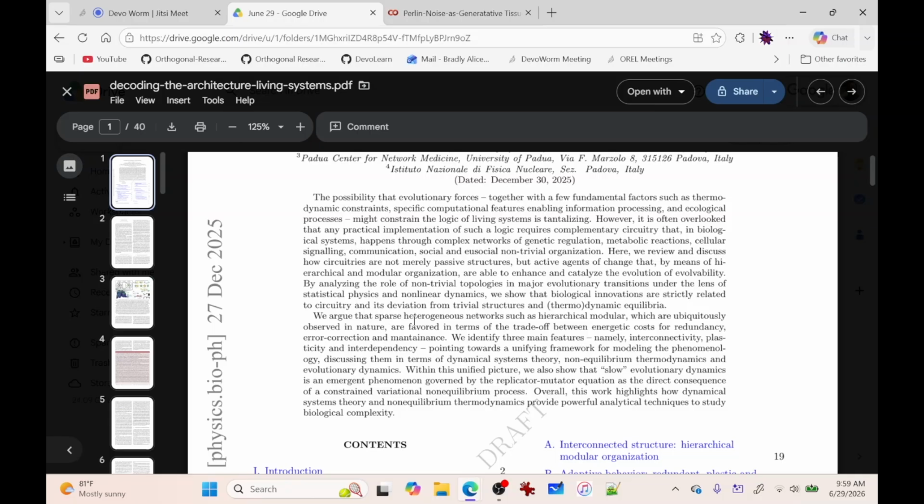We argue that sparse heterogeneous networks, such as hierarchical modular ones, are ubiquitously observed in nature. Hierarchical modular is where you have a type of network that has a root, and then it splits into two parts, and those two parts are modules, and then each splits into another set of parts, which are also modules.